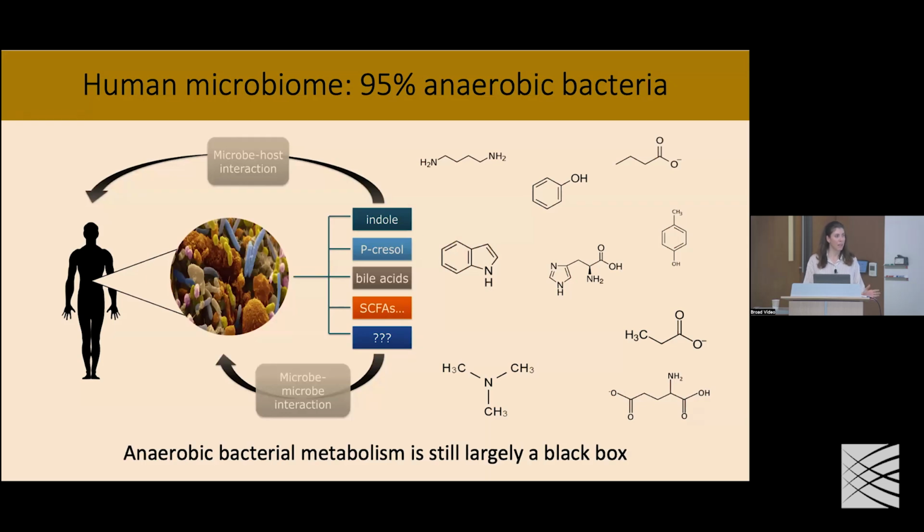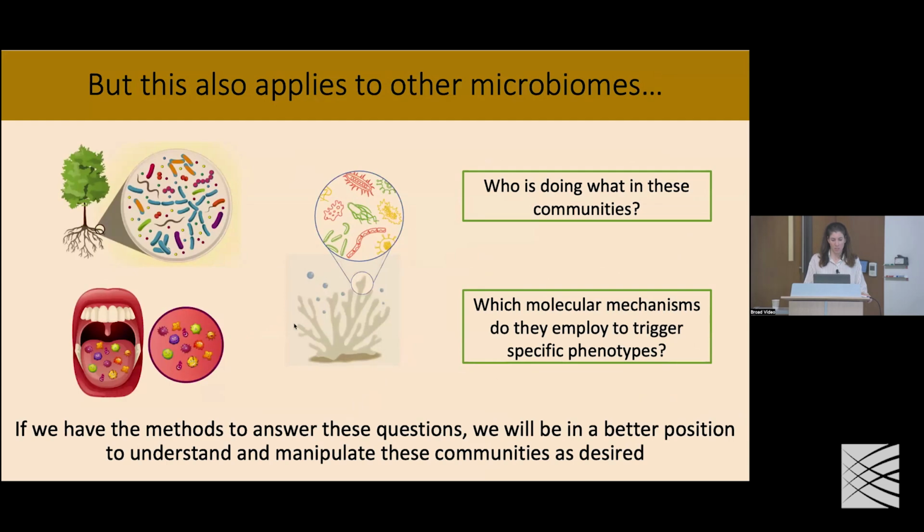But there's still a large black box: we don't know which kind of molecules these microbes are producing. And this is actually not only the case of the human microbiome, but it also applies to other types of microbiomes, like the oral microbiome, the rhizosphere, as Marnix was talking about.